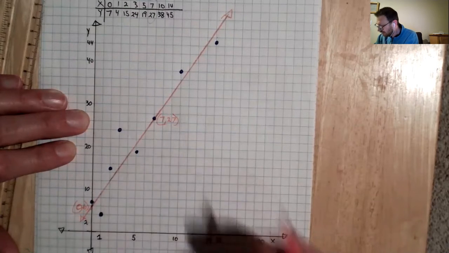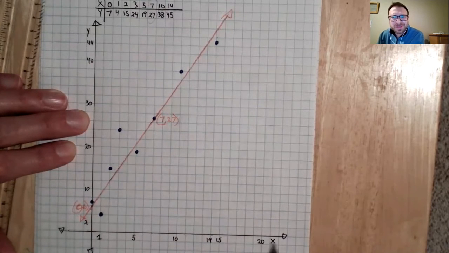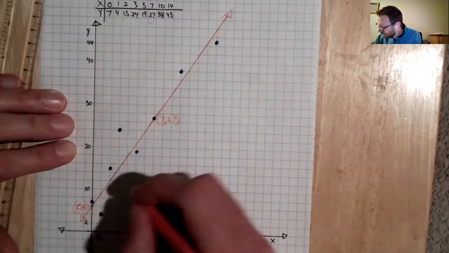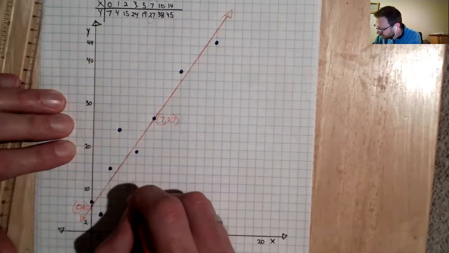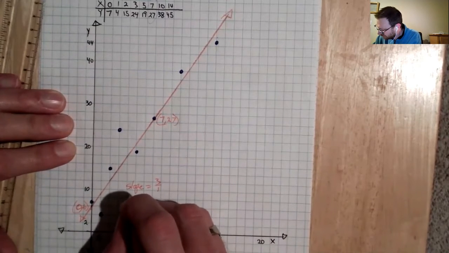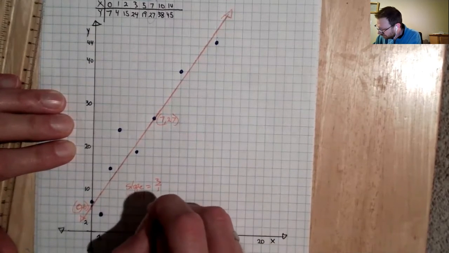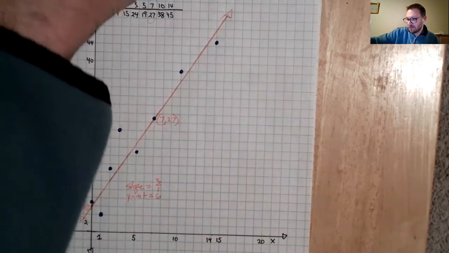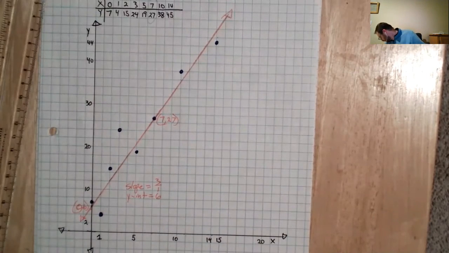3 over 1. Oh, that's pretty sweet. That worked out pretty much in my favor there, right? So what I'm getting for my slope is 3 over 1. My y-intercept is 6. And now I can use that information to write my equation.